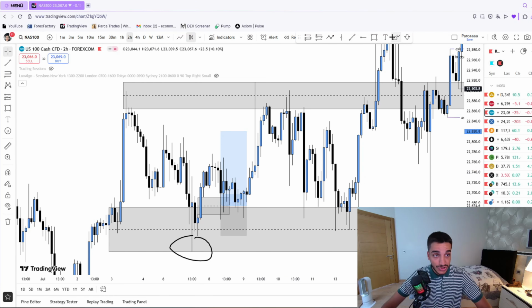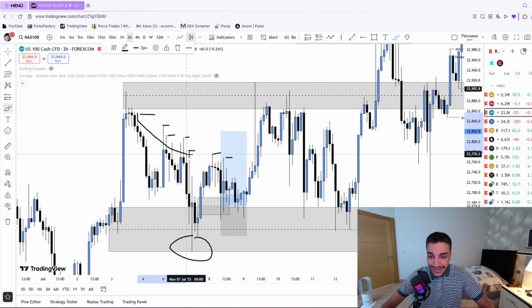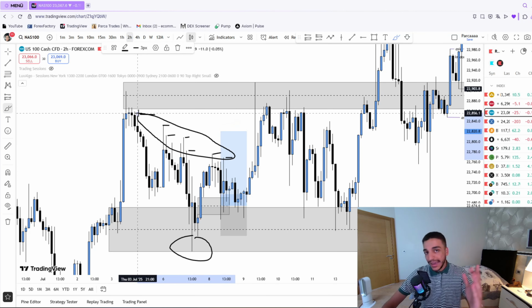So when we look at the chart, we see a low right here, low right here, low right here, low right here, low right here, low right here, low right here. When you combine them, then we have a low resistance liquidity.